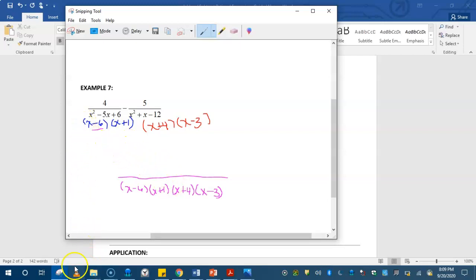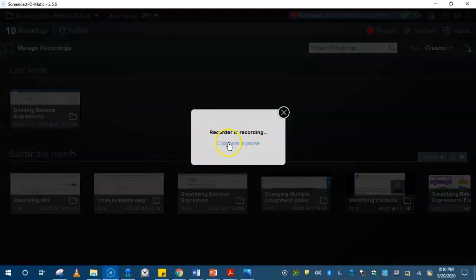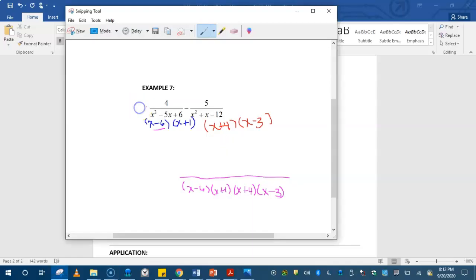So here we go. I multiply both top and bottom, numerator and denominator, by what's missing: x plus 4 times x minus 3 in the denominator, x plus 4 times x minus 3 in the numerator.